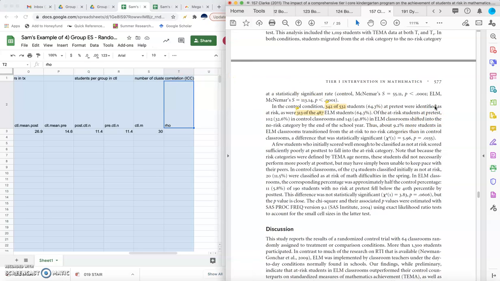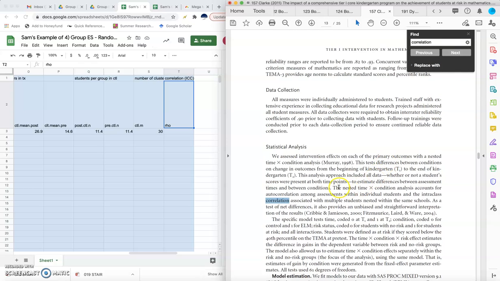And I'm just going to tell you now, it's so hard to find. So sometimes it might come up under correlation. In this case, when I look, you can see that they do have something here that sort of piques my interest.